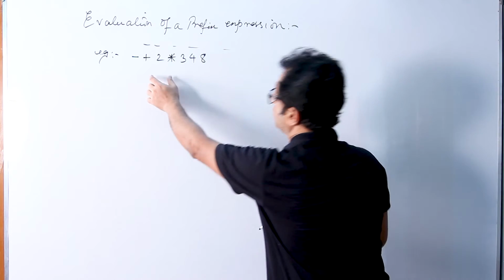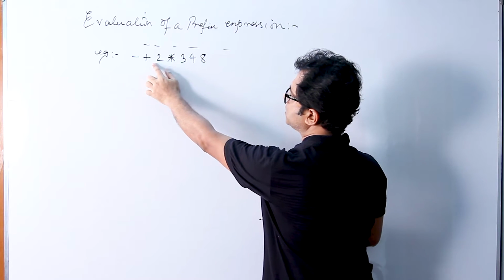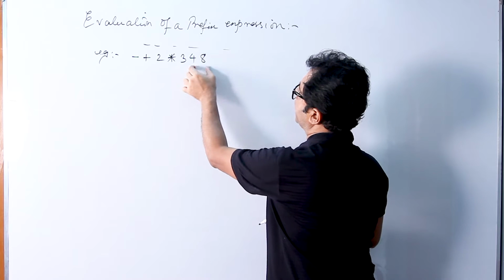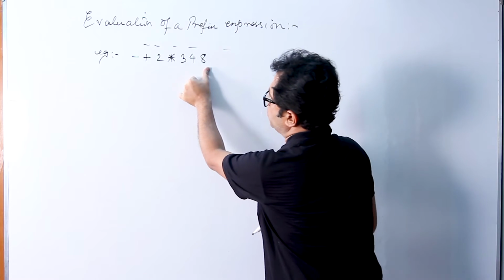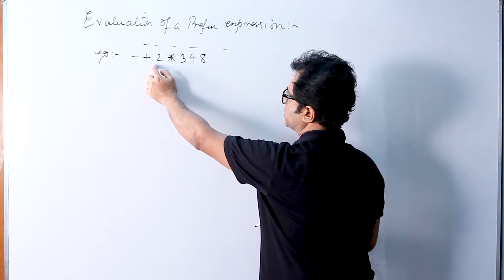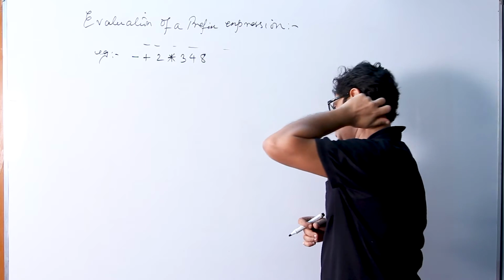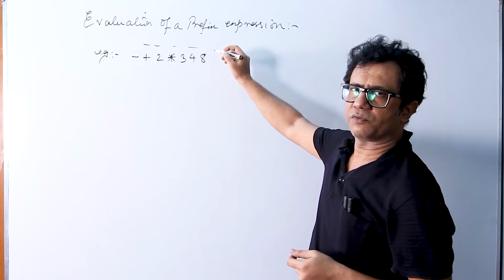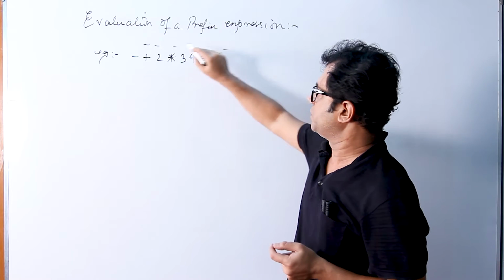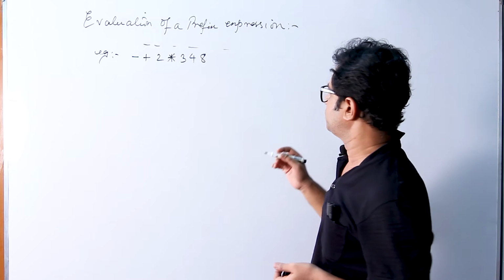So this is a prefix expression where I have written minus, plus, 2, star, 3, 4, 8. You can easily see that the operators are preceding the operands. So this expression is obviously a prefix expression, and we will try and determine its value, which is nothing but the evaluation of this prefix expression.